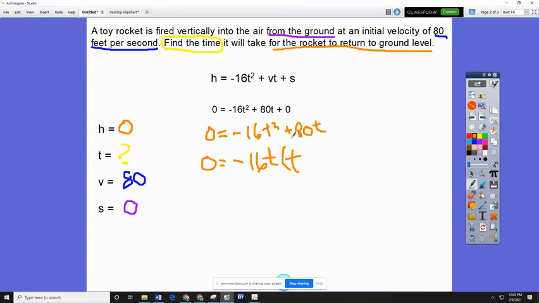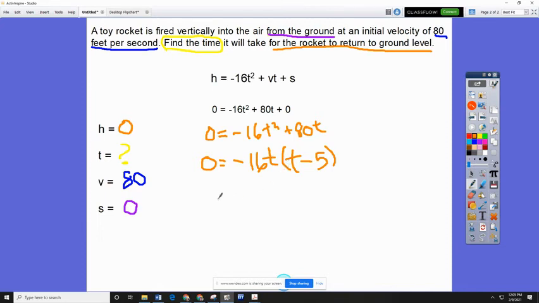And I'm factoring out a negative. So if I factor out a negative from that positive, it means minus. And then 16, as I just did on my calculator, 16 goes into 80 5 times. So that means that to find out what t is, I have two roots. Just like we know on a parabola, we potentially have two solutions.